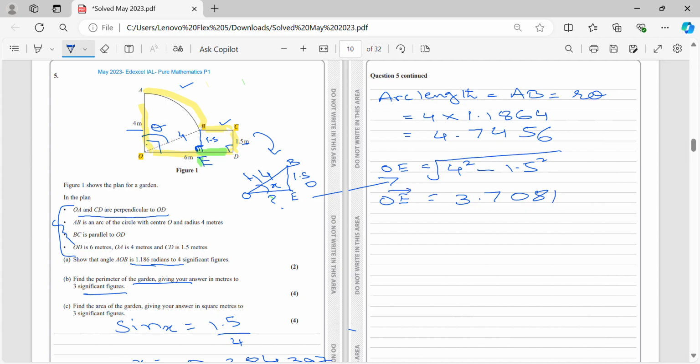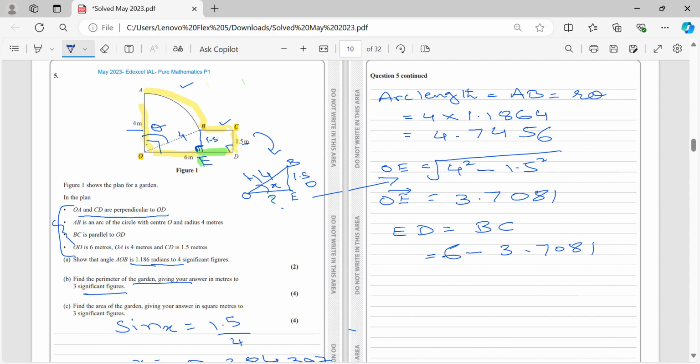So ED, which is parallel to BC, is the same. From the total, which is 6, if I subtract OE, that is 3.7081, I'll get ED or BC, whatever you say.